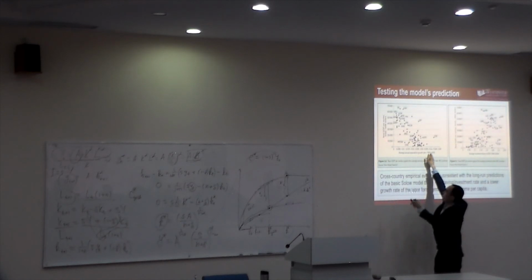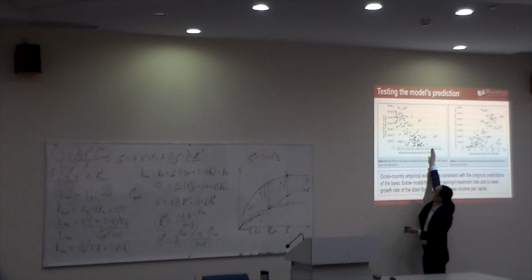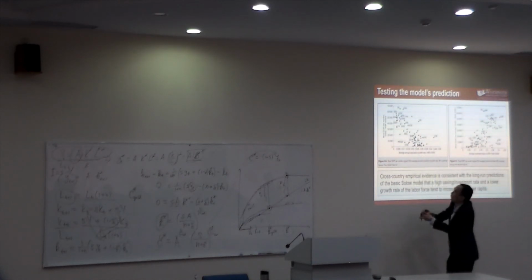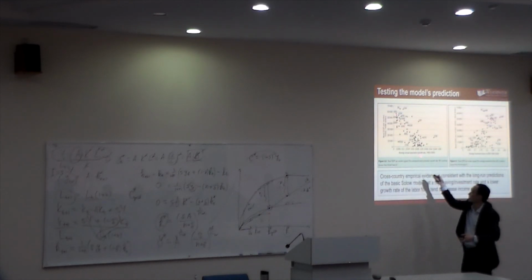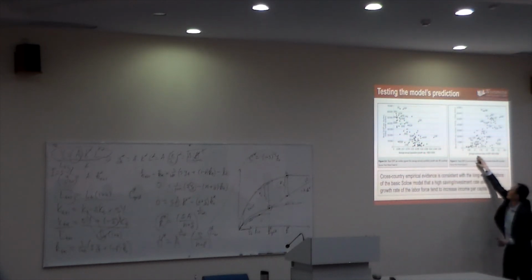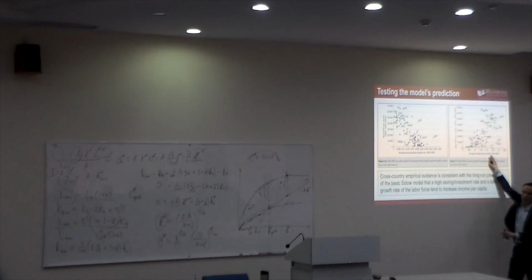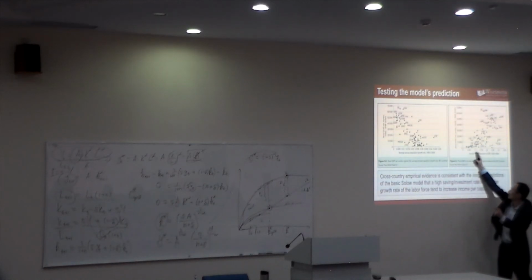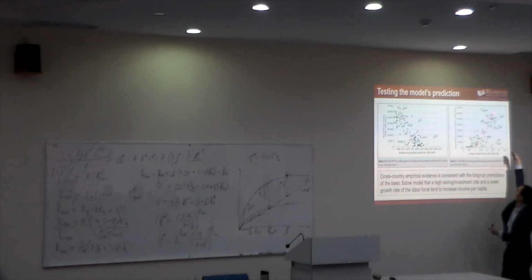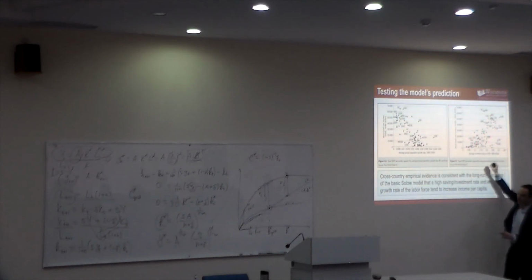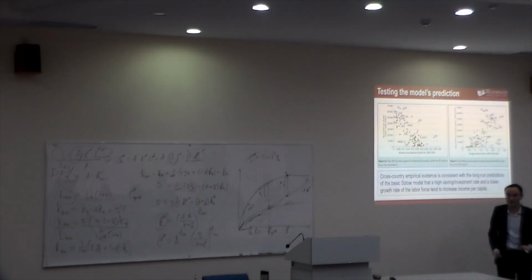Countries with high population growth have low per capita output. If you draw a regression line, it will look like this, a straight negative line. On the other hand, for average investment share of GDP, countries which are investing more experience higher per capita output. Positive slope. This is empirical evidence.